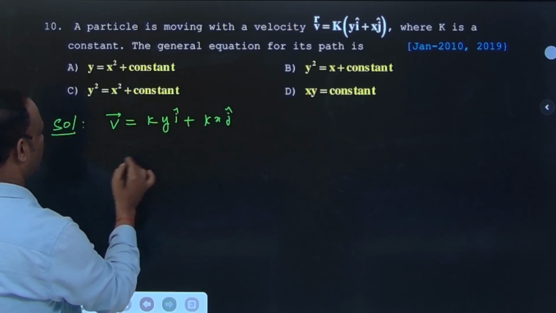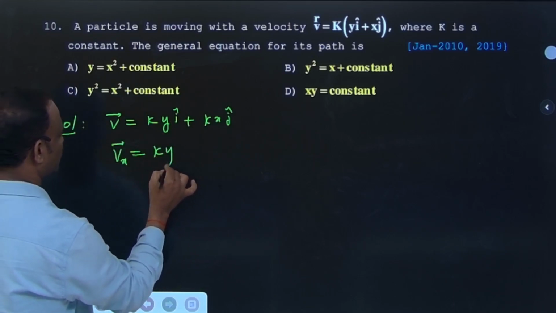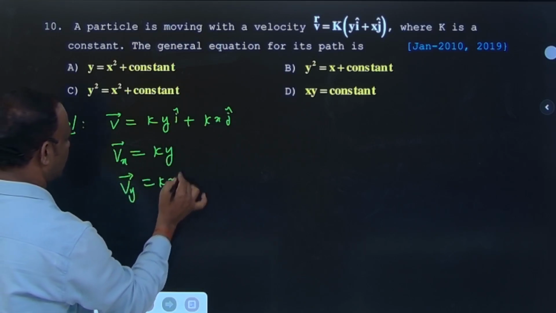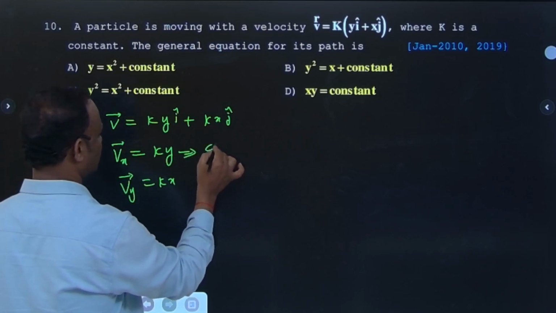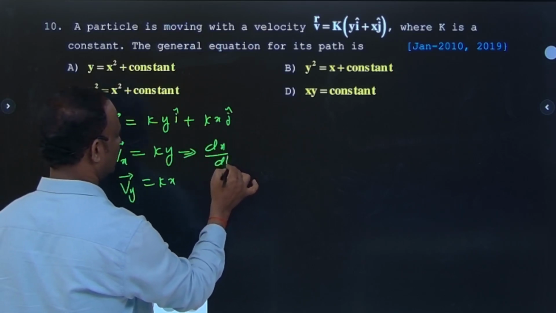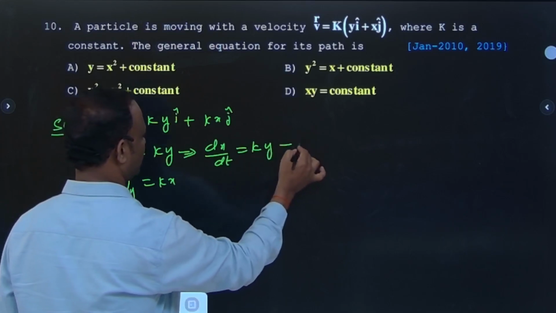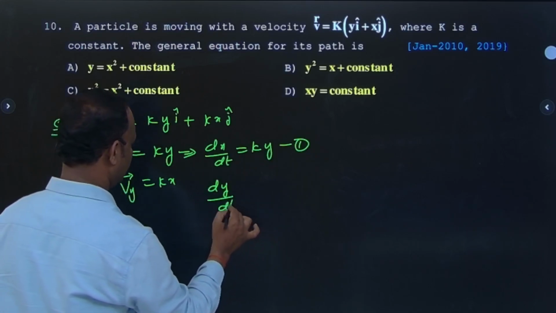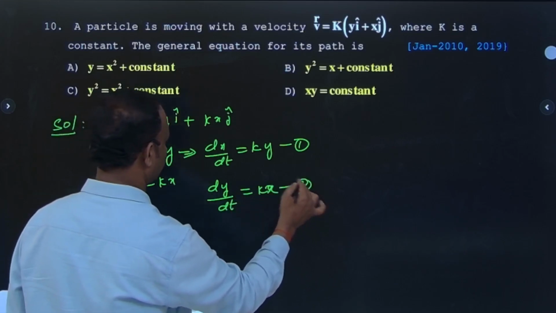First, what is the Vx? Vx is equal to ky. Vy is equal to kx. From this, Vx means dx by dt, which is ky. So this is my first condition. Next, dy by dt is kx, my second condition.